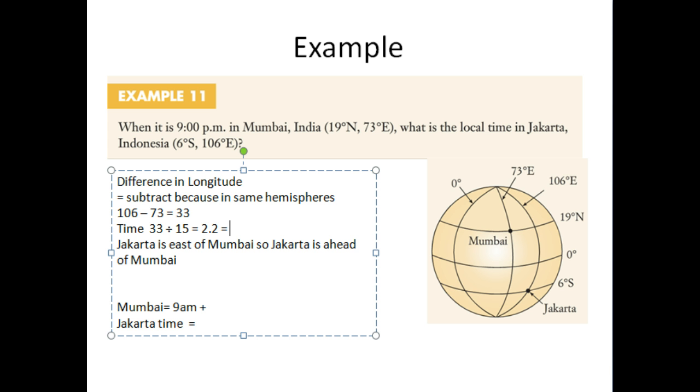Now I need to convert that to hours and minutes, so I'm going to press my degrees, minutes, seconds button on my calculator, and that gives me 2 hours and 12 minutes. Now Jakarta is east of Mumbai, so Jakarta is ahead of Mumbai. So I'm going to do 9 p.m. plus 2 hours and 12 minutes, which must be 12 p.m.